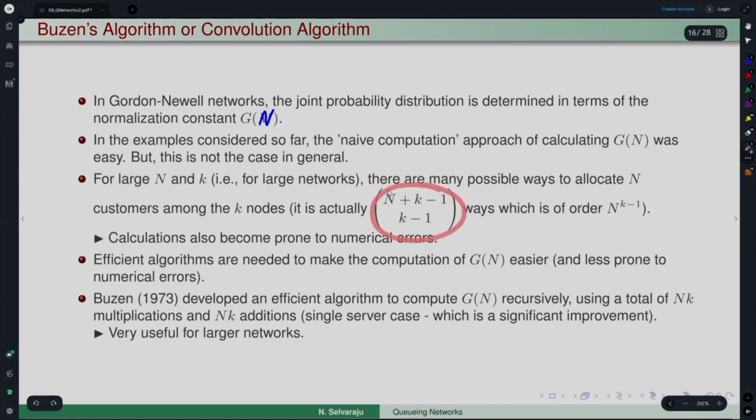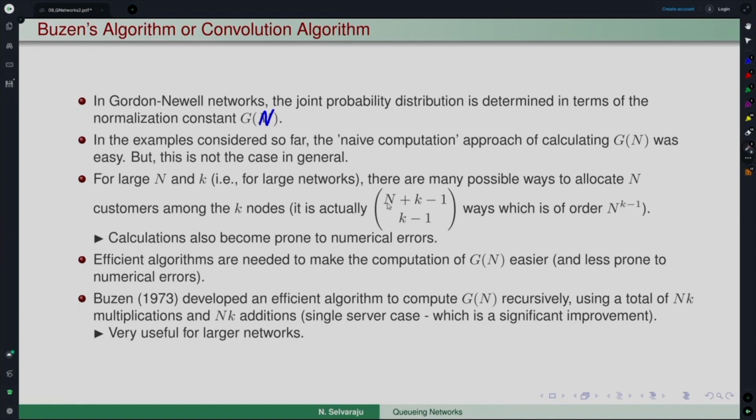Actually, it is n plus k minus 1 choose k minus 1 ways, which is roughly of the order n to the power k minus 1. So, you can imagine if n is large or k is large, what would be the number of states that might come. And also these calculations are prone to numerical errors, accumulating numerical errors as well.